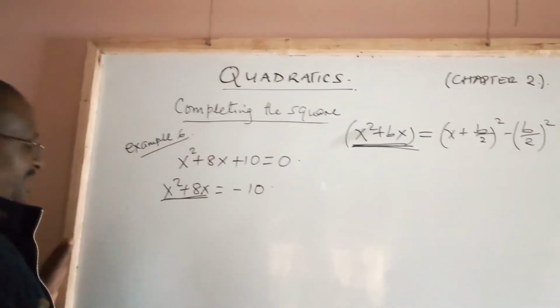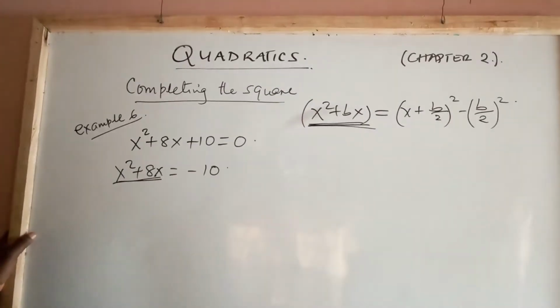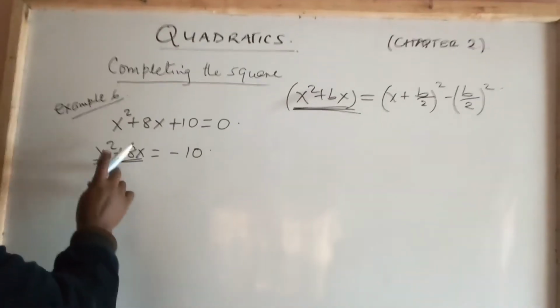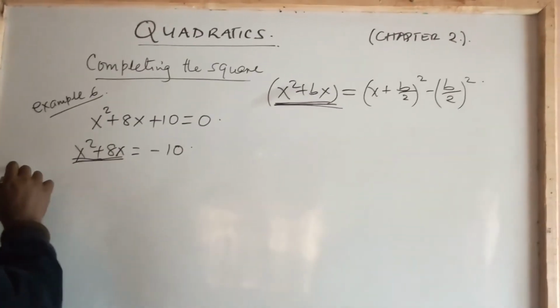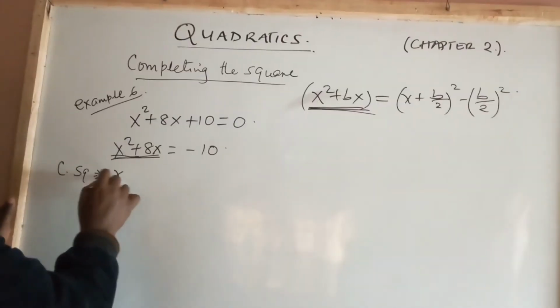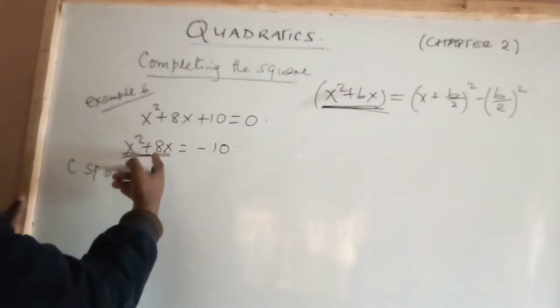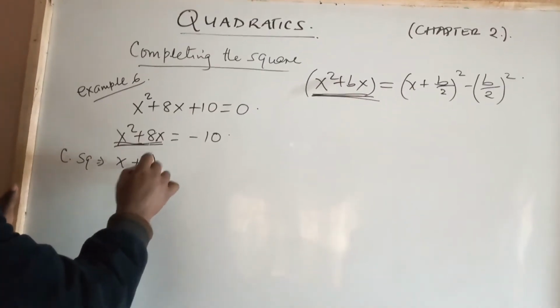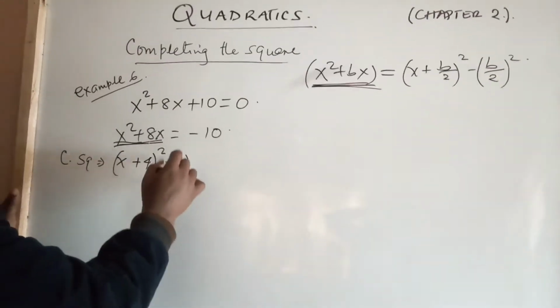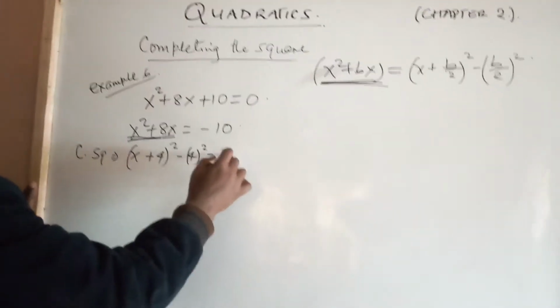Now we can easily and comfortably complete the square of the left hand side. So completing the square, we have x plus 8 over 2, which is 4 squared, minus 8 over 2, which is 4 squared, equals negative 10.